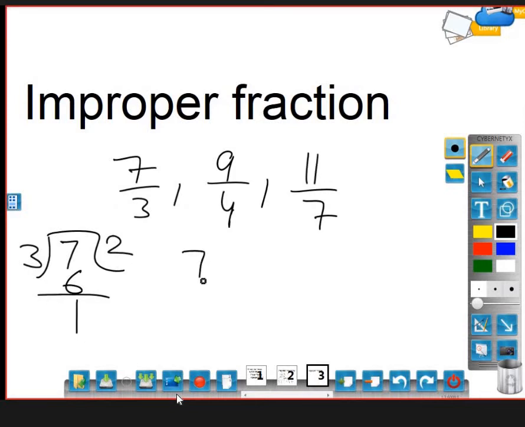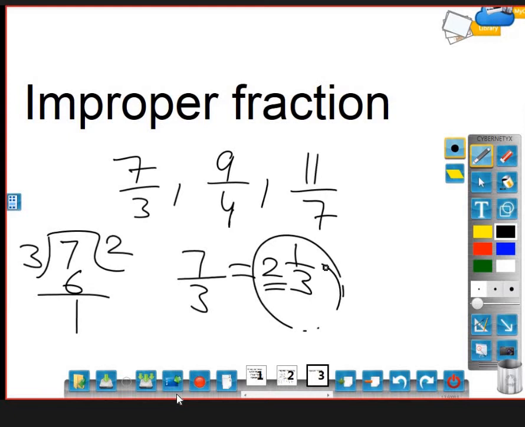So 7 upon 3 can be written as 2 1 by 3. That means this number is greater than 2 and less than 3, or this number lies between 2 and 3.